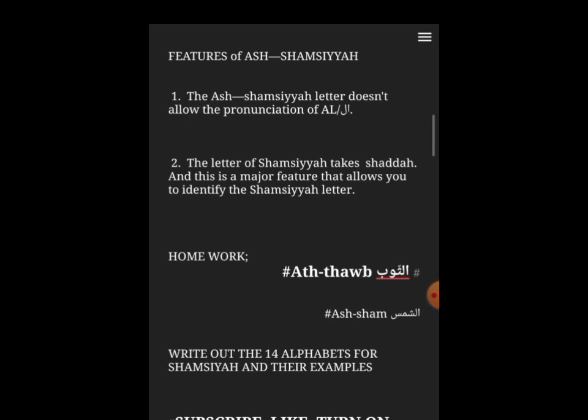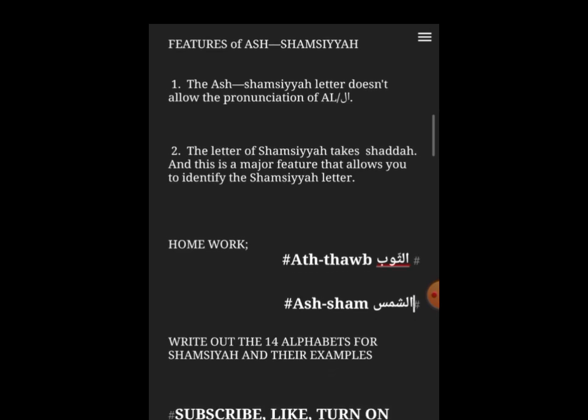Write out the letters and give us some words that show this feature. Please submit your work in the comments. I'll go through them and we'll see whether you are right.